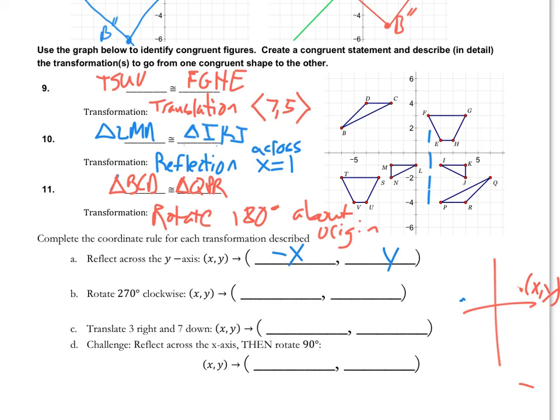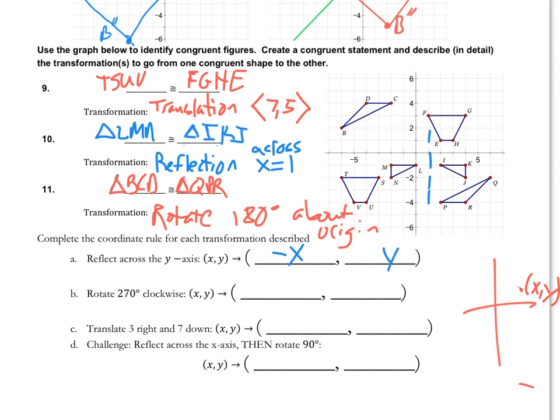Now, if we rotate this 270 degrees, that's three-fourths of a turn. The first turn is going to take it up to there. Second turn is going to take it down to there. That's two-fourths. The next turn is going to take it down to here.